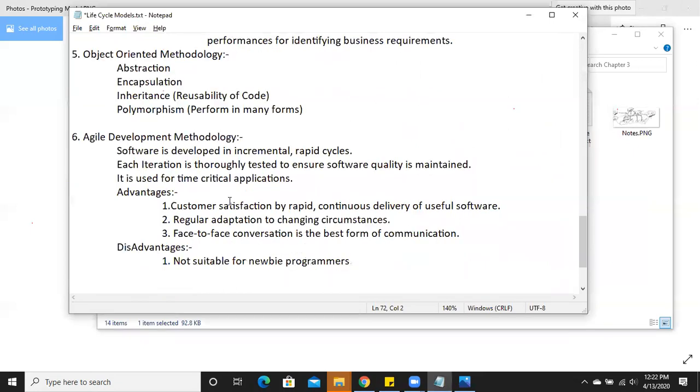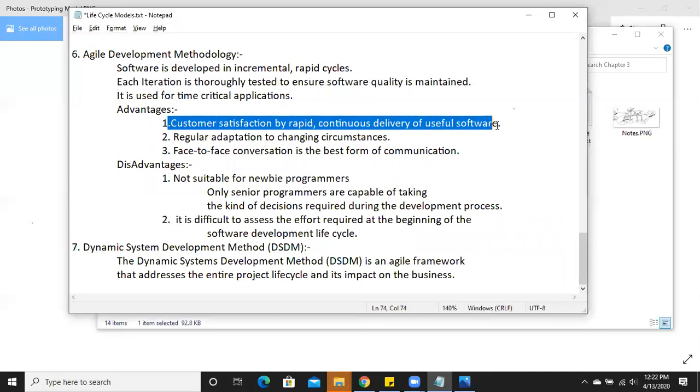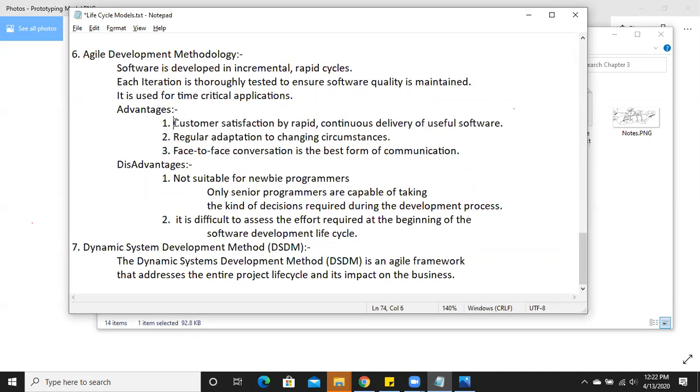So these are the advantages: customer satisfaction by rapid, continuous delivery of useful software. हम हमारा सॉफ्टवेयर बहुत ही कम समय में बना सकते हैं और कस्टमर को दे सकते हैं, while maintaining the best quality. Regular adaptation to changing circumstances. यहाँ पर क्योंकि हमने देखा कि काफी ज्यादा iterations हो रहे हैं हमारे सॉफ्टवेयर के अंदर, तो उन iterations की वजह से हमारे सॉफ्टवेयर के अंदर जो current changes हैं उनको हम adopt कर पा रहे हैं.